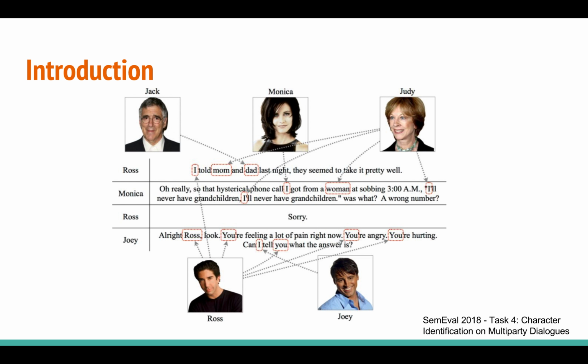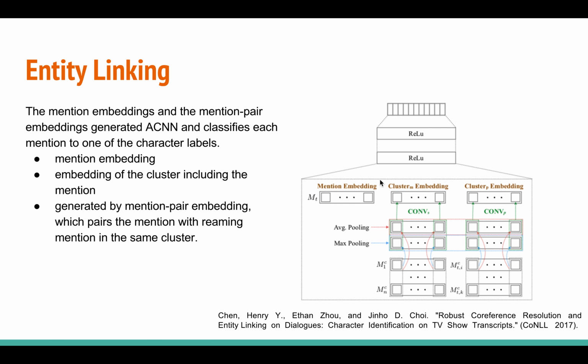Basically, each data point will contain 3 kinds of embeddings. The first embedding is the mention itself, and then we compute the cluster embedding, which includes this mention. And the last one is the cluster mention pair embedding. Each mention will pair with all the other mentions in the same cluster.